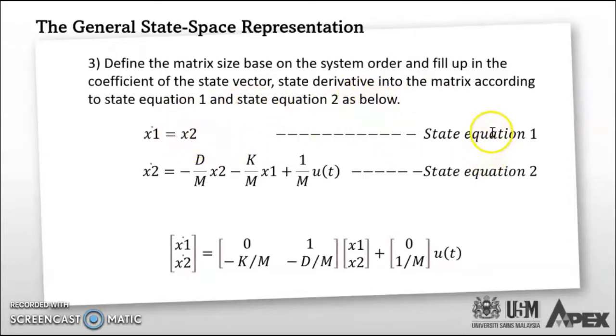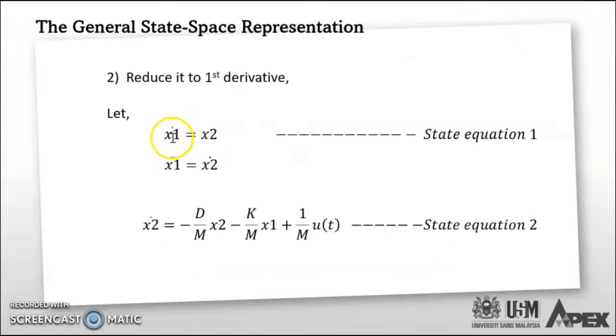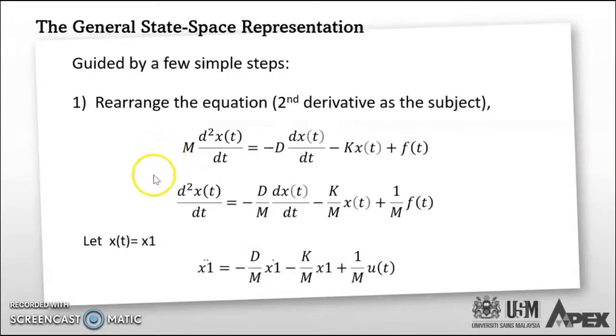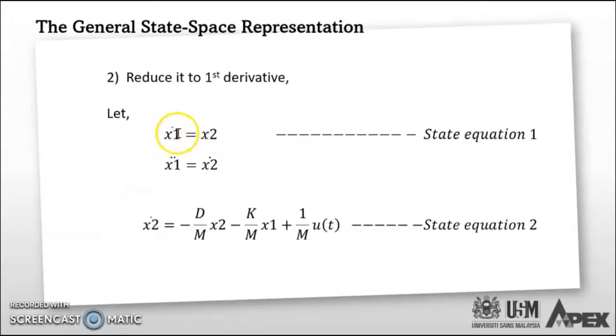So I'm taking this back from the last equation. x1 dot equals x2, which is the assumption we made.